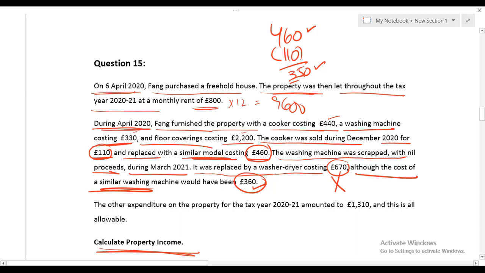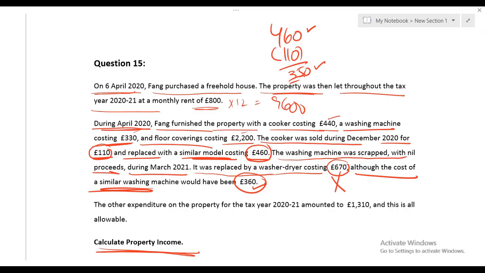Because look at the question, what it says: although the cost of a similar washing machine would have been 360. It means you have bought a washing machine which has more features. It is not exactly the same which you had previously. So that is why 670 will not qualify for replacement furniture relief.